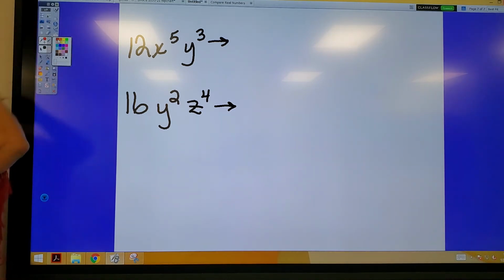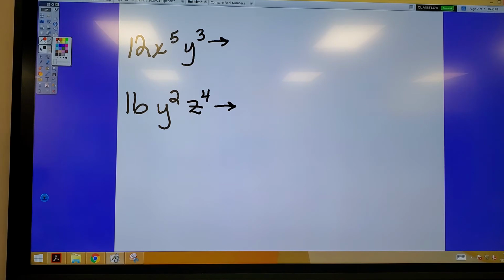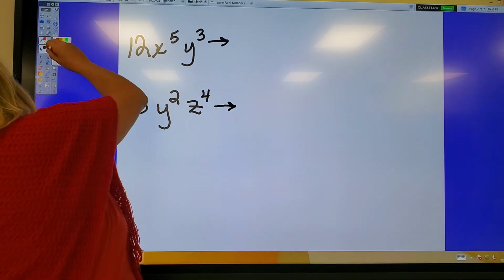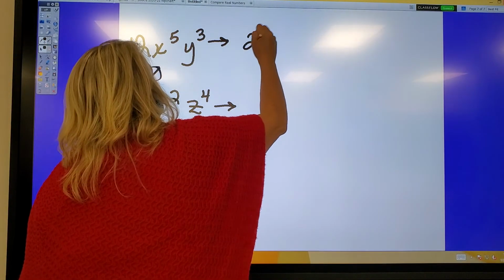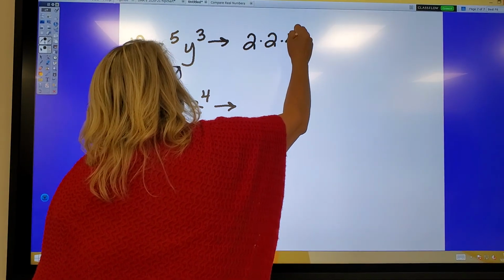It doesn't really matter when you're doing like x times x times x. If you don't want to put the little dots in between all your x's, that's fine. Just don't smush them all together.